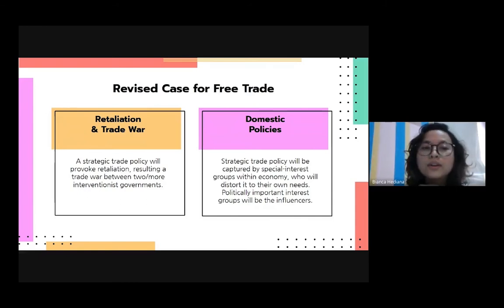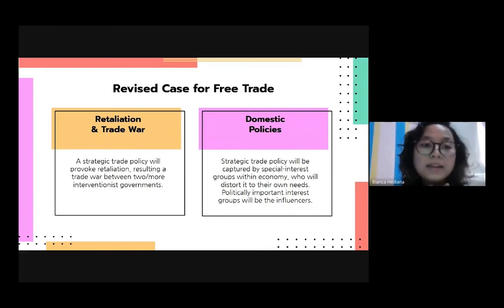Governments do not always act in the national interest when they intervene in the economy. Politically important interest groups often influence the action. So this has become a further reason for not embracing a strategic trade policy.